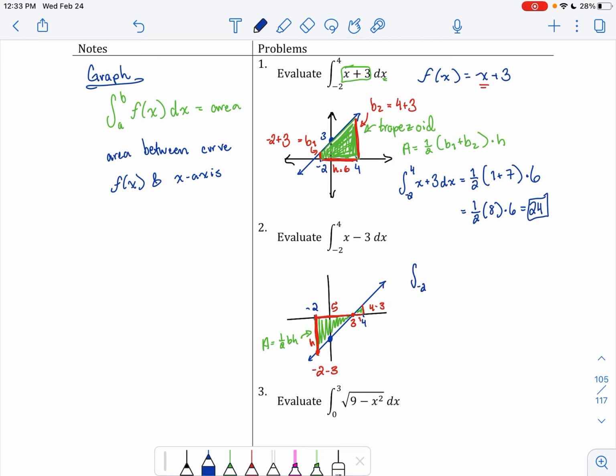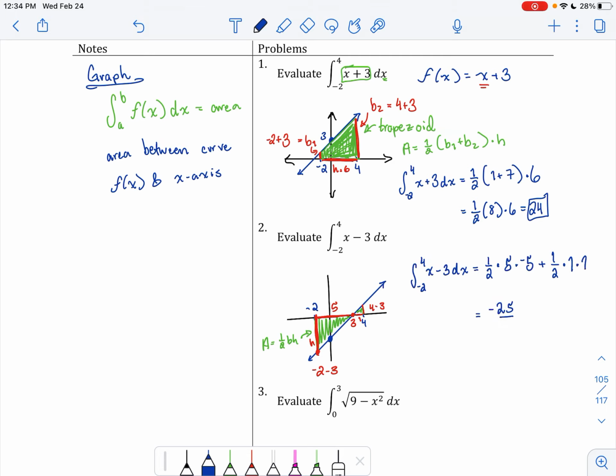So when I'm evaluating the integral for the area between the curve x minus 3 from -2 to 4, we have our first triangle, which is 1/2 times base times height, plus the other triangle, 1/2 times base times height.